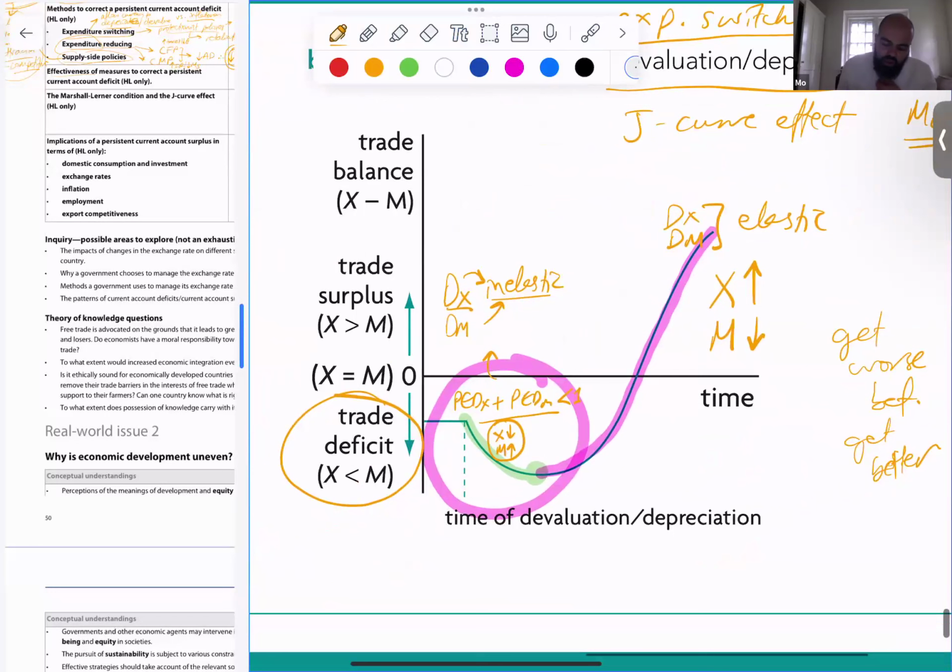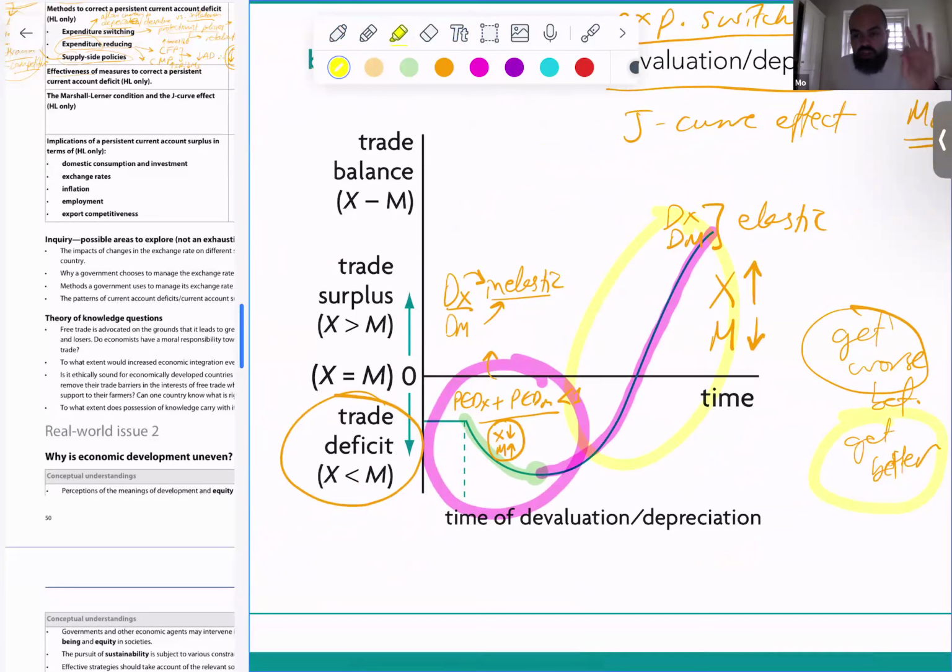That means in the short run, things will get worse, and then in the long run, they will begin to get better. So when you pursue a policy of devaluation or depreciation, which is an expenditure switching policy, recognize that the deficit will get worse because the demand is initially inelastic before it gets better. This is the Marshall-Lerner and the J-curve effect.